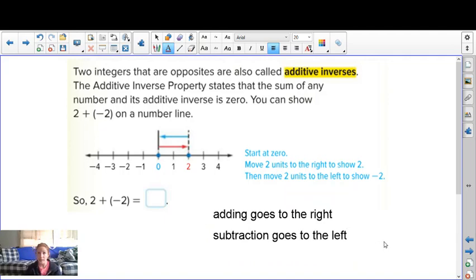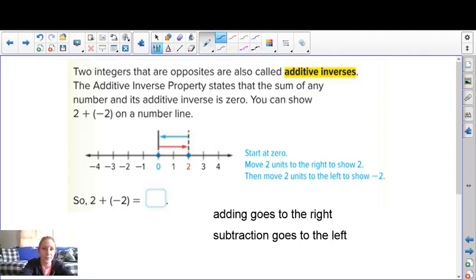So I'm going to use that a lot today: adding goes to the right, subtracting goes to the left. So what happens here, especially the 2 plus -2, that'll give me a value of 0 because it essentially is undoing the addition and subtraction.